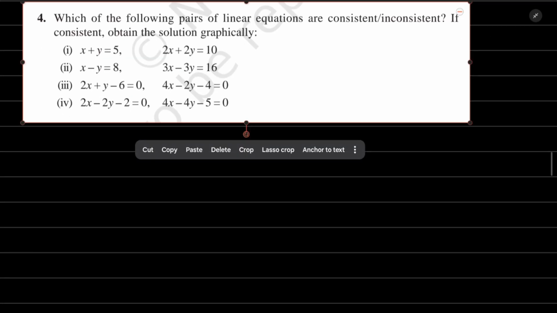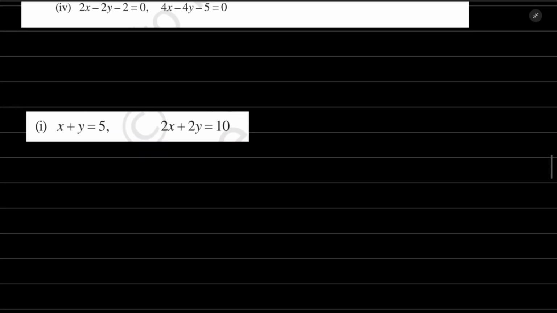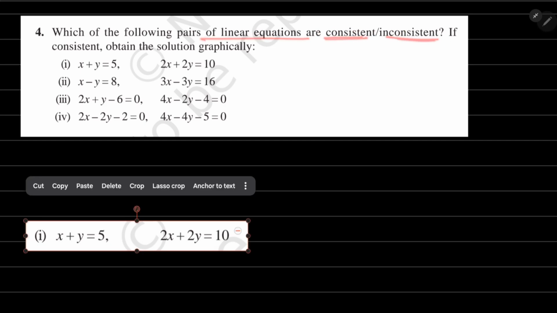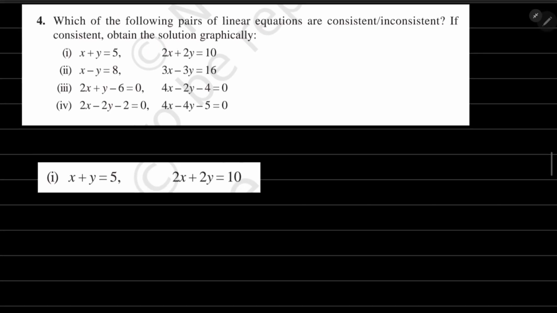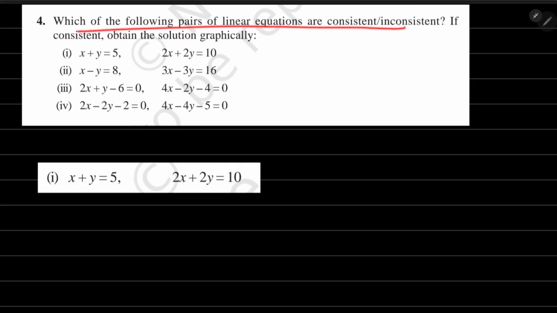Now let's go ahead and do the 4th one. So what's the 4th one here? The question is, which of the following pairs of linear equations are consistent or inconsistent? Very similar to what we just saw. And if it is consistent, you have to obtain the solution graphically. First of all, let us take the first question the same way. Earlier we saw that using the ratios we will find if it is consistent or inconsistent.